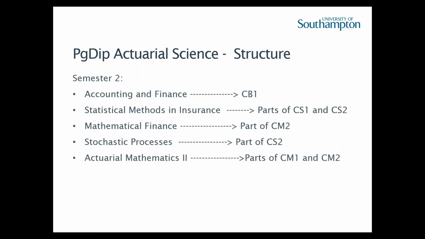So by taking these 10 modules, depending on your academic performance, you might gain exemption from all core principal subjects that we offer. That is, as I said, the 6 exemption recommendations from CS1, CS2, CM1, CM2, CB1 and CB2.